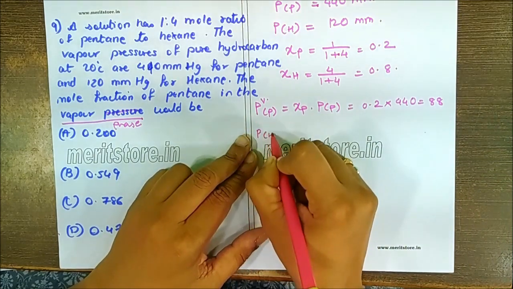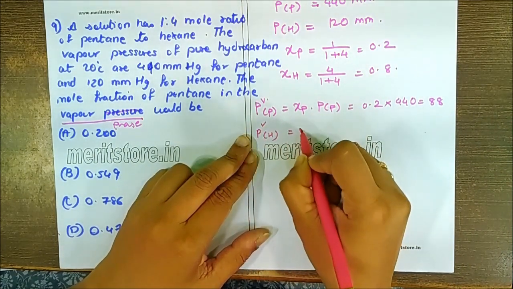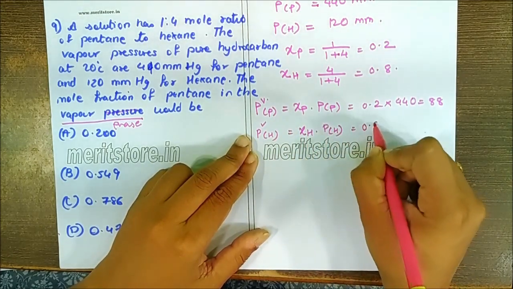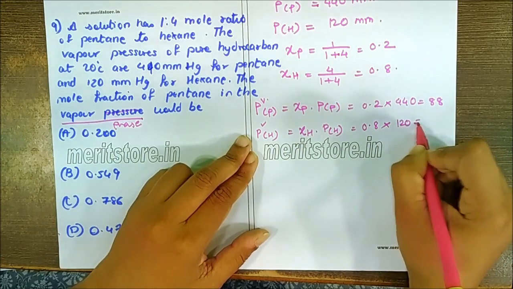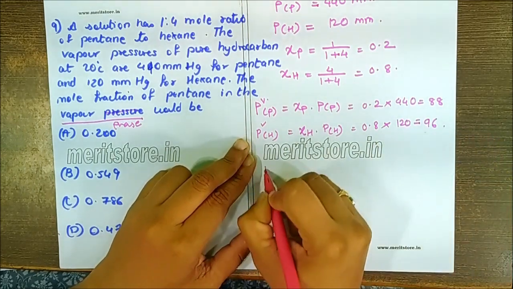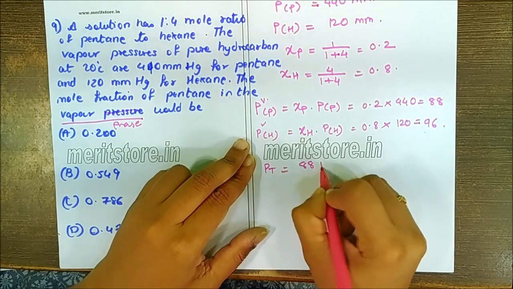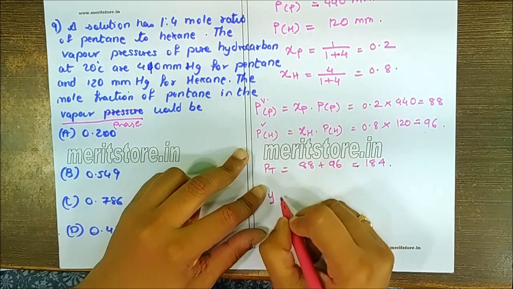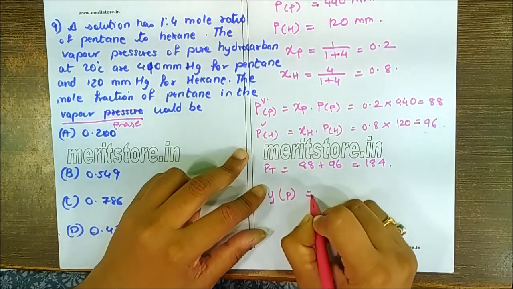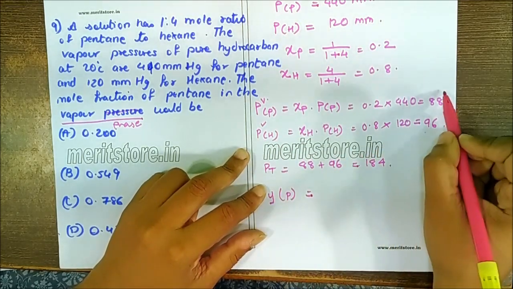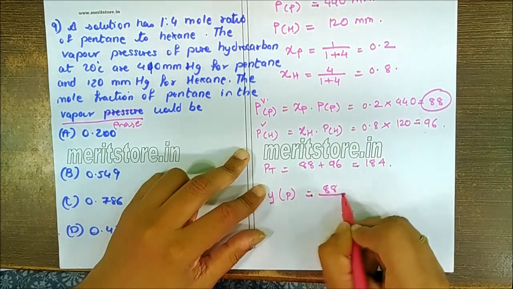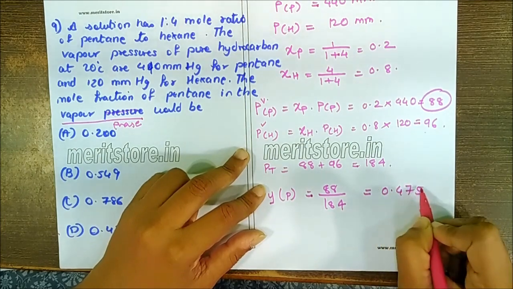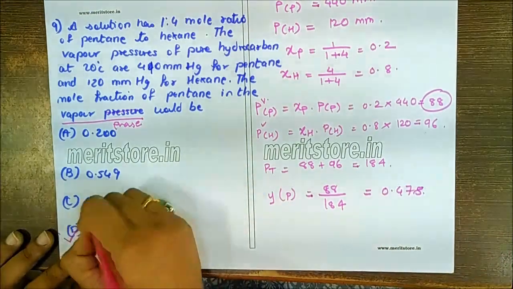Similarly, the pressure of hexane in the vapor phase is the mole fraction of hexane times the pure vapor pressure of hexane, so 0.8 into 120 comes out to be 96. So the total pressure is 88 plus 96, which is 184. So the mole fraction of pentane in the vapor phase is 88 upon 184, which comes out to be 0.478. So the answer is option D.